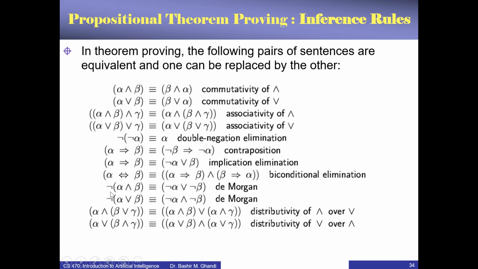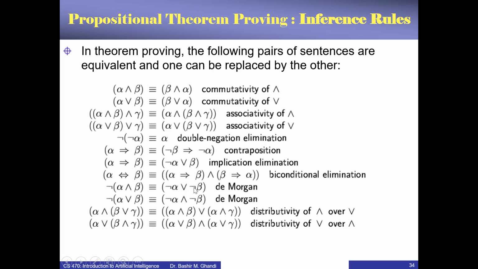The next two equivalencies are based on De Morgan's theorem. It says not (alpha and beta) is the same as not alpha or not beta. Basically, if you push the not inside, just swap the and with or.